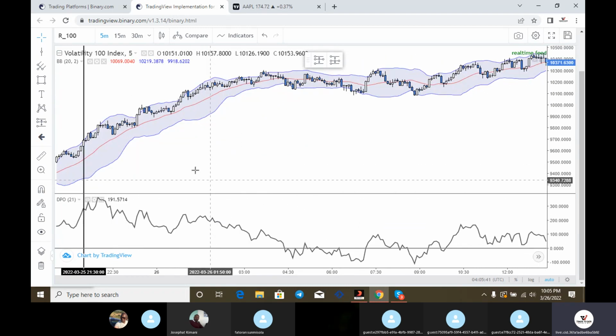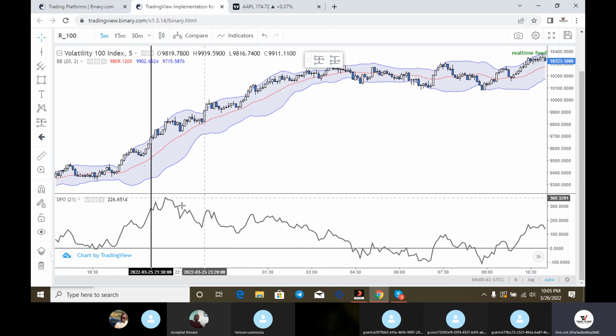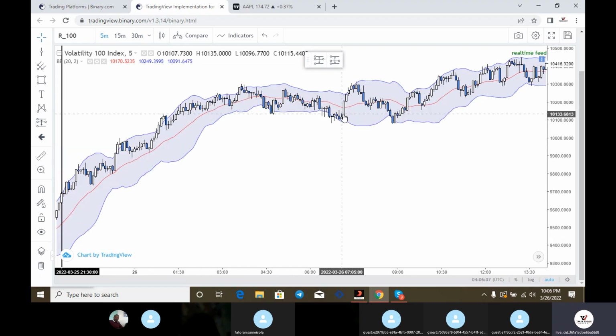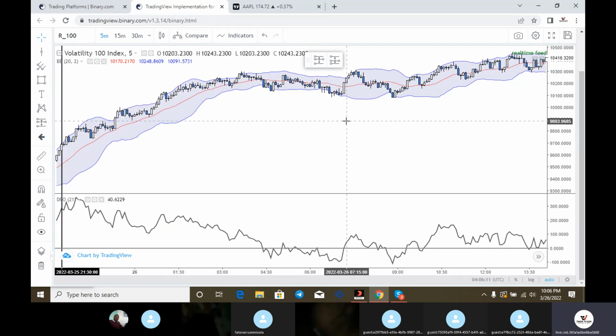But now in our 30 minutes, we have an established uptrend from this point. So on 5 minutes, we need to see price touch the bottom part of the Bollinger Band while DPO is above zero. At this point where it's touched, DPO was below. So none of this was a good entry. Look at this particular one over here when price touched, and this is where DPO crossed.